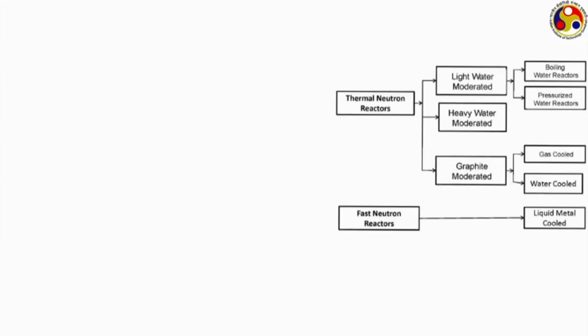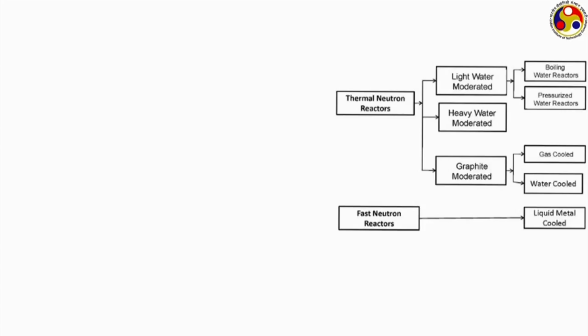But still, just to differentiate them from heavy water, this term is universally used in the nuclear field, and therefore, at least in this kind of names we have to use this light water reactor kind of terminologies. Now, there can be three kinds of moderators, like normal water, heavy water, and graphite.